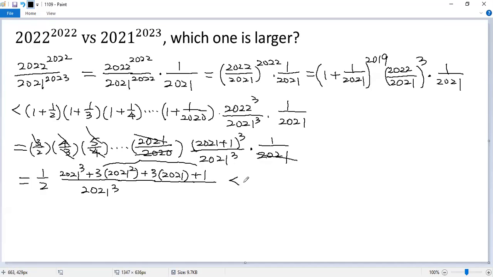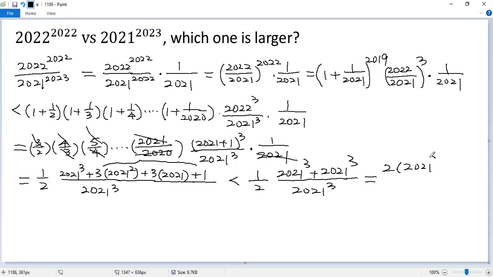So we can write as less than 1 over 2, the bottom, 2021 cubed, so that one's less than 2021 cubed plus 2021 cubed. Okay, so we can write that as 2 times 2021 cubed, the bottom also 2 times 2021 cubed. So the quotient is less than 1.